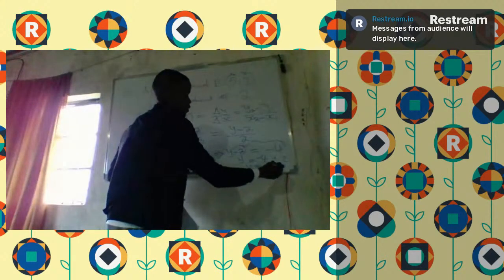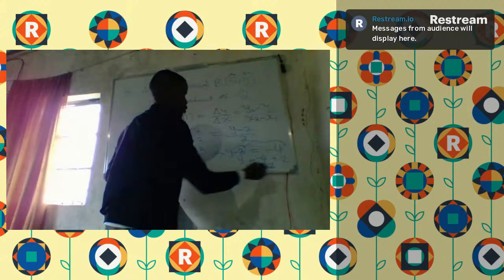So this is just a shortcut. So finally, our y will be equal to -4 plus 2, which is -2.